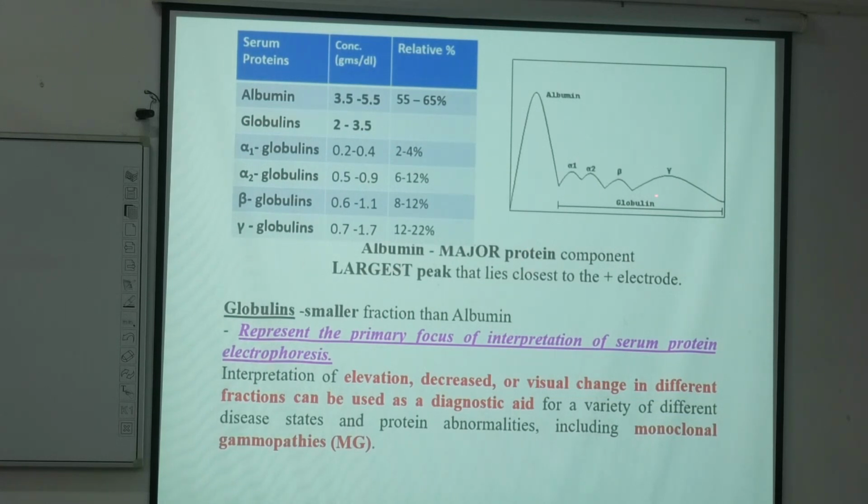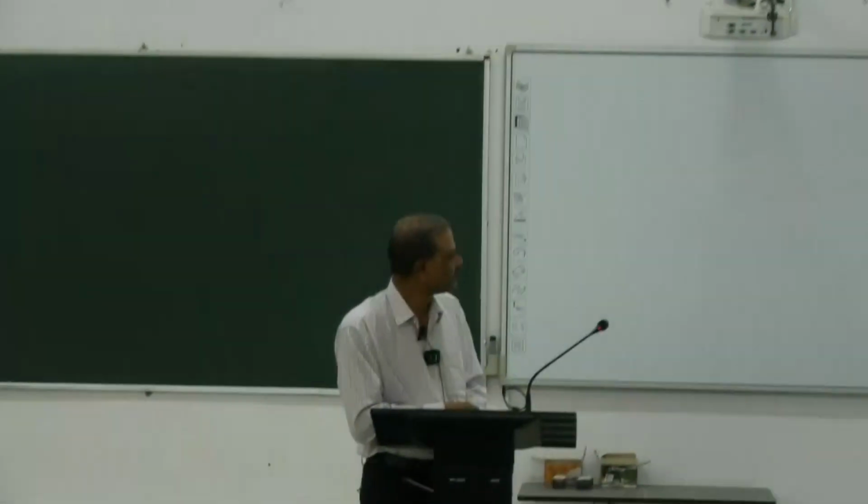Electrophoresis is basically targeted for finding abnormalities in alpha 1, alpha 2, beta or gamma. It is not for albumin, because we have a chemical method for estimation of albumin in the laboratory. So by chance, if in the electrophoresis report you find that the albumin peak is low, that also indicates abnormality. So it is the largest peak.